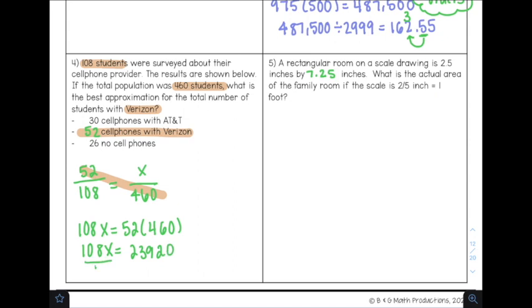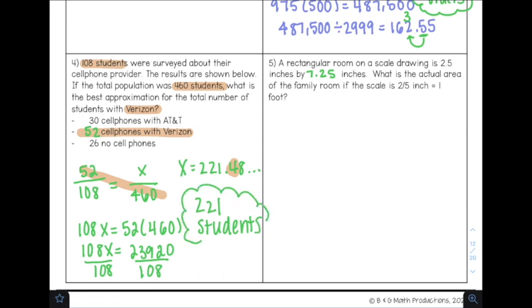And then we're going to divide both sides by 108. X is going to give me 221.481 and change. I'm going to round to the nearest whole number because we're talking about students, so we can't have decimals. And it's going to be 221 students out of the 460 have Verizon. And that is our answer for number 4.